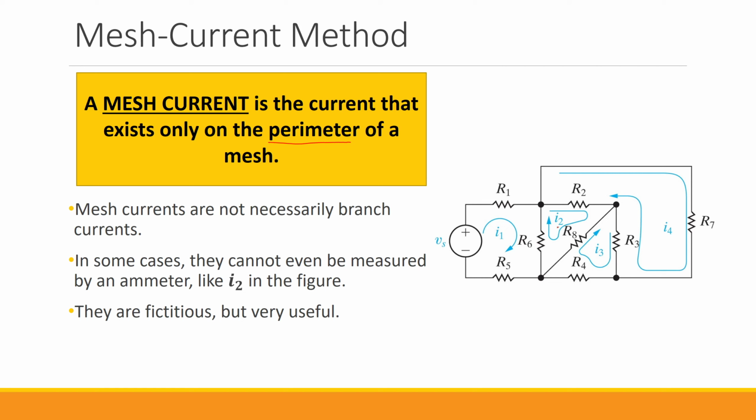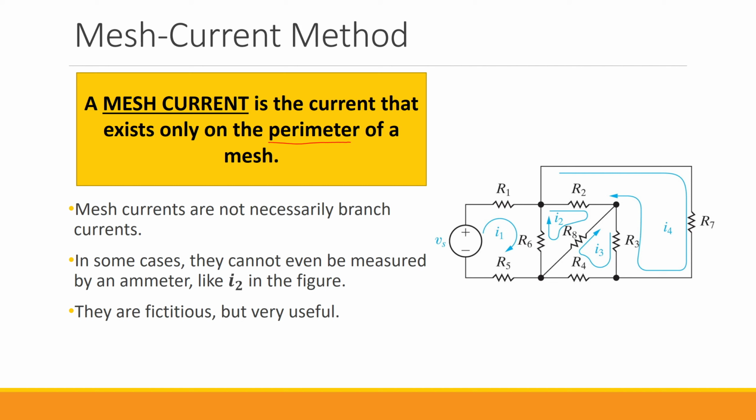We will get to that later. But just keep that in mind, that for any element that is not common between two meshes, the mesh current is equal to its branch current. But for the branches that are common between several meshes, the mesh currents are not equivalent to the branch current.